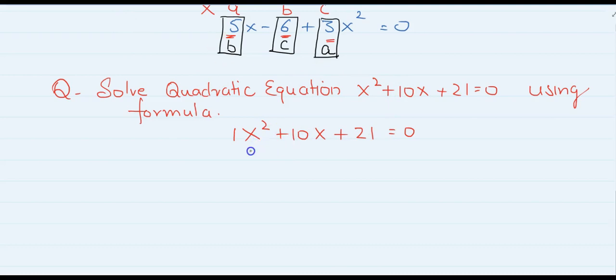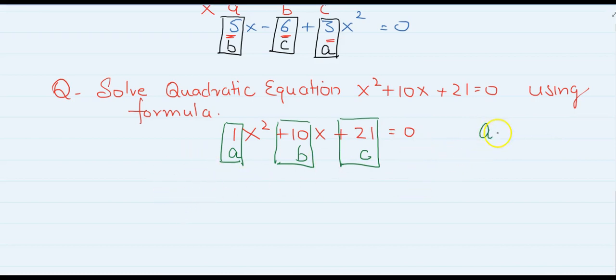So we know very well that A is equal to 1. This is with x square. B is equal to 10 and C is equal to 21. All are positive.